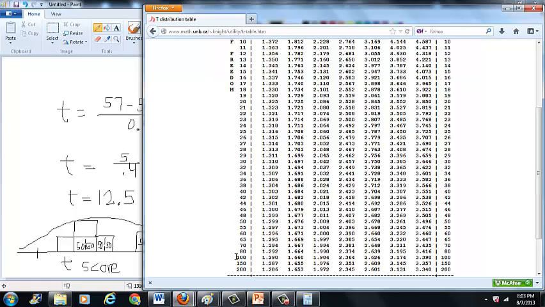So technically you're not supposed to go over your degrees of freedom. That's why last time I used 80. But for this example, I'll just say 1.66 for 100 degrees of freedom. If I give you a homework assignment, I'll make sure to let you know what rule to follow for using this table.